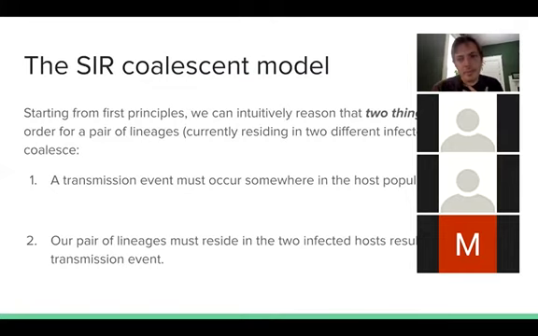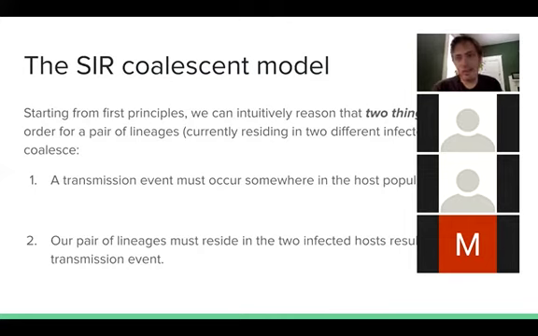There are a couple of different ways that you can derive a coalescent model for a given infectious disease from these SIR type models. The approach that I'm showing you today is my own intuitive way of doing it. It's far less formal than what's in the literature, but it's the way that I've been thinking about it for a long time, and I think it makes quite a bit of sense. So I hope it makes sense to you as well.